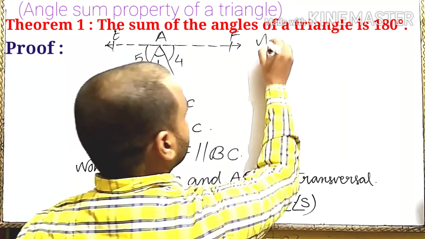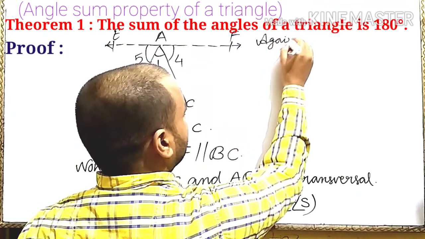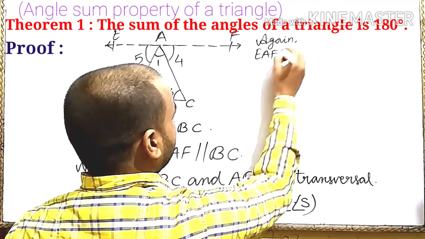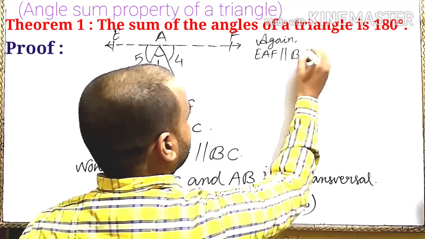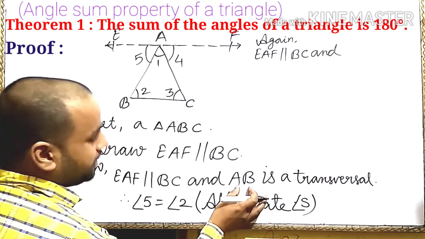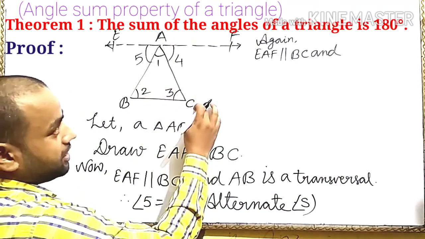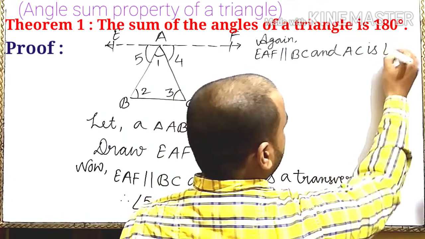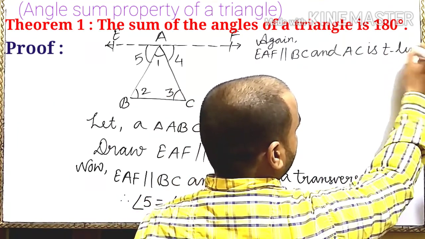Again, line EAF is parallel to BC, and here we take the transversal line AB. Now we take the transversal line AC. AC is a transversal line.